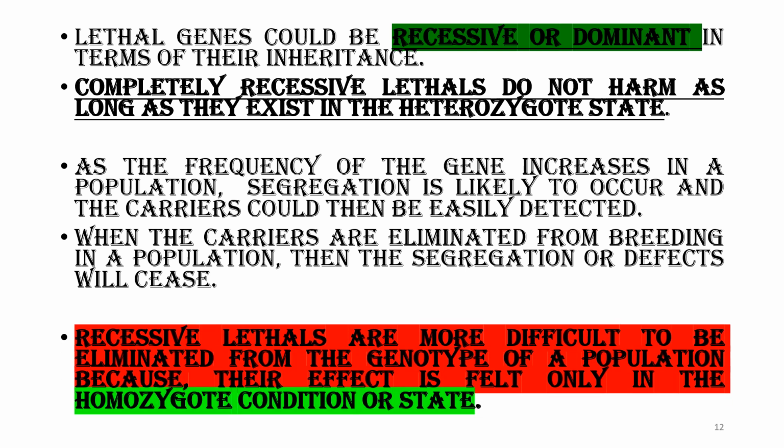Recessive lethals are therefore more difficult to eliminate from the genotype of a population because their effect is only felt in the recessive state. So they could be hidden in the population and keep multiplying, increasing in frequency and strength until they pop up their faces in one generation.